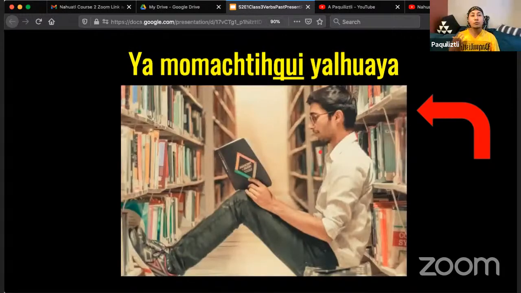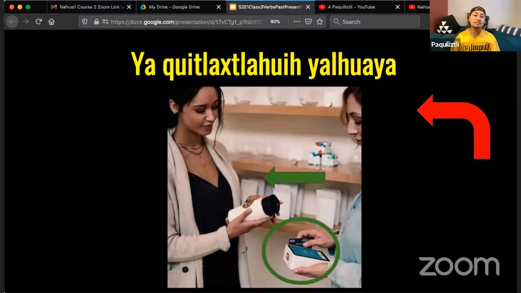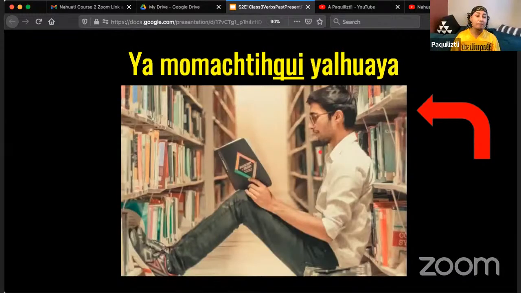Okay? So one way to do it in the past is this kitlaxtlawi, okay? But there's another way to do it for these class 3 verbs. And this other way is ya momachtihki yalwaya. Notice that the stress of the word changes because now the second to the last syllable is different.